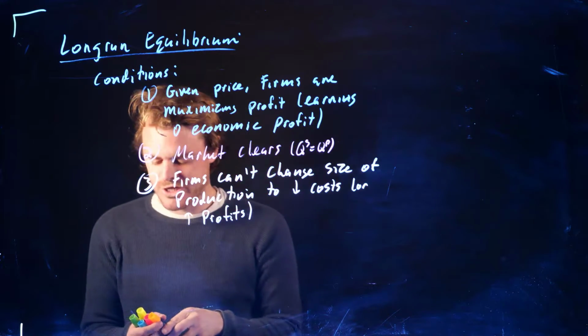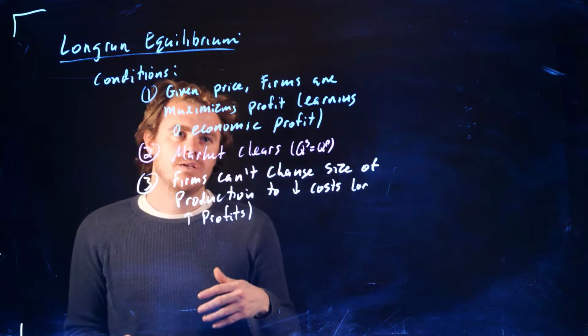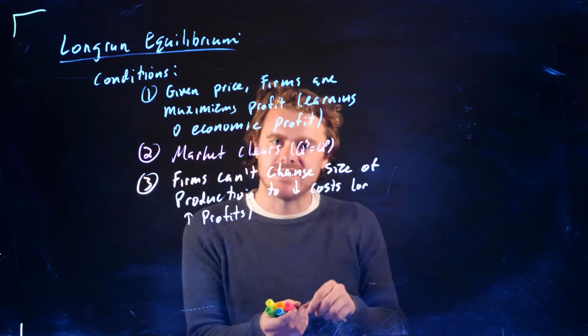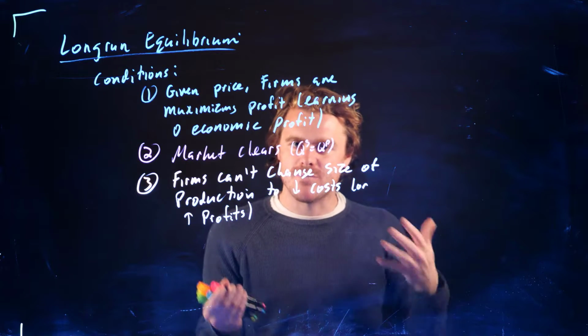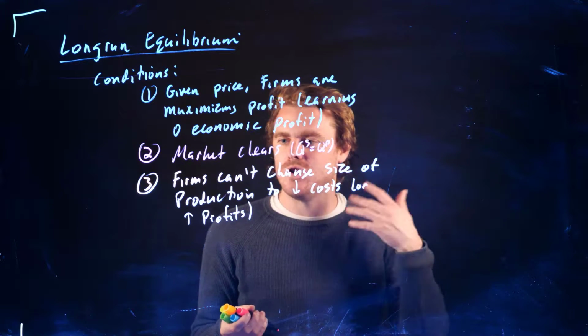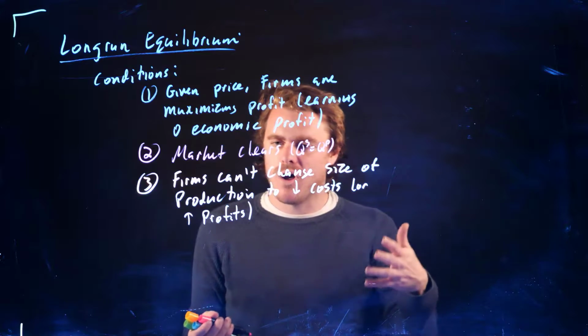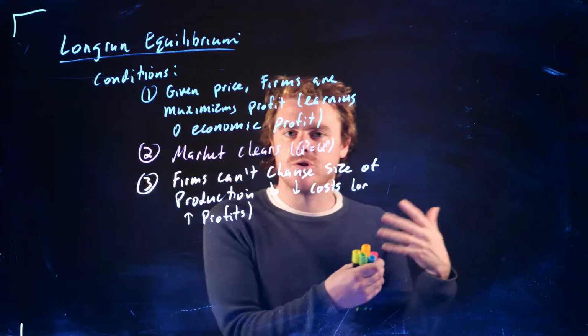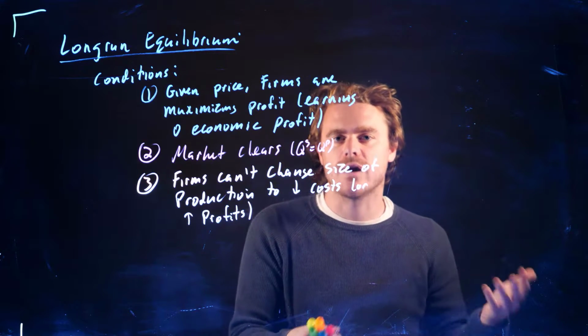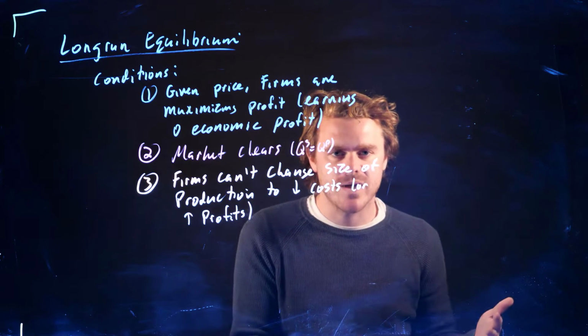And this third assumption is going to be the big difference between a short run equilibrium with zero economic profit and a long run equilibrium. In the long run equilibrium, firms can't change the size of their production facility to lower cost, right? Because then it wouldn't be a long run equilibrium, because they'd want to change something.